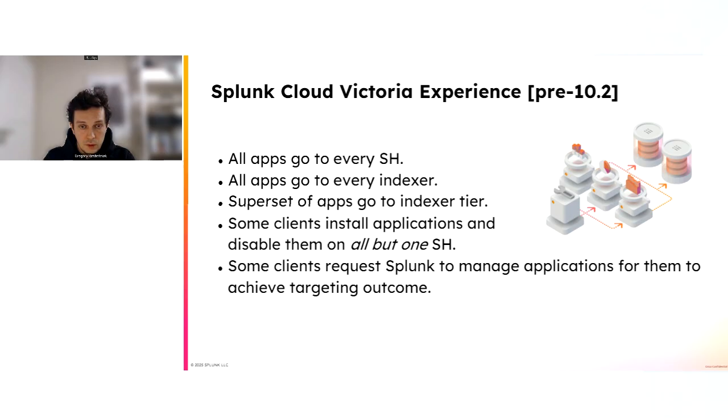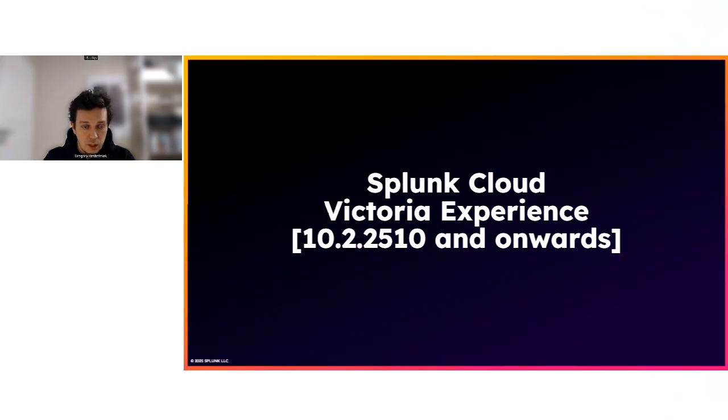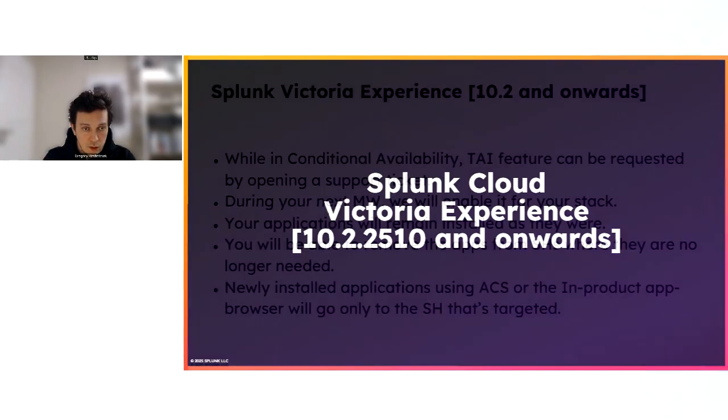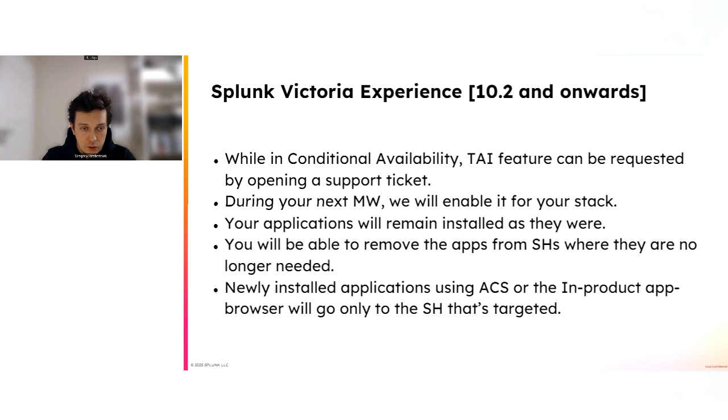So Target App installation is coming to Victoria Experience 10.2.25.10 in AWS and onwards. So what changes? First of all, in 10.2, the feature is a conditional availability.